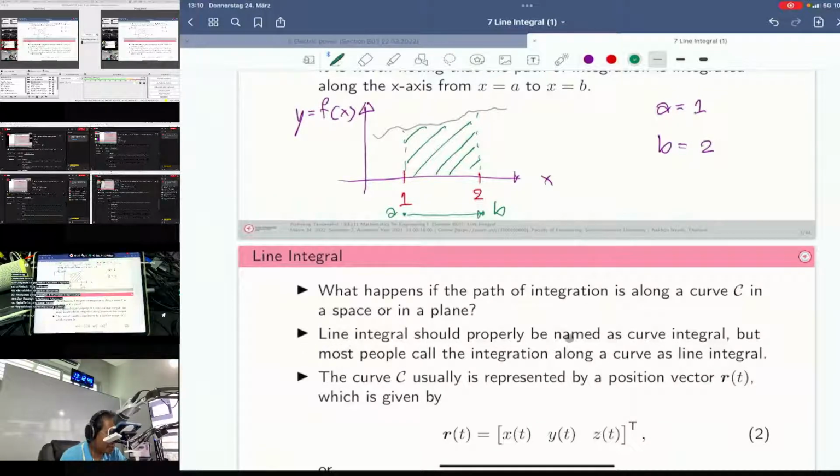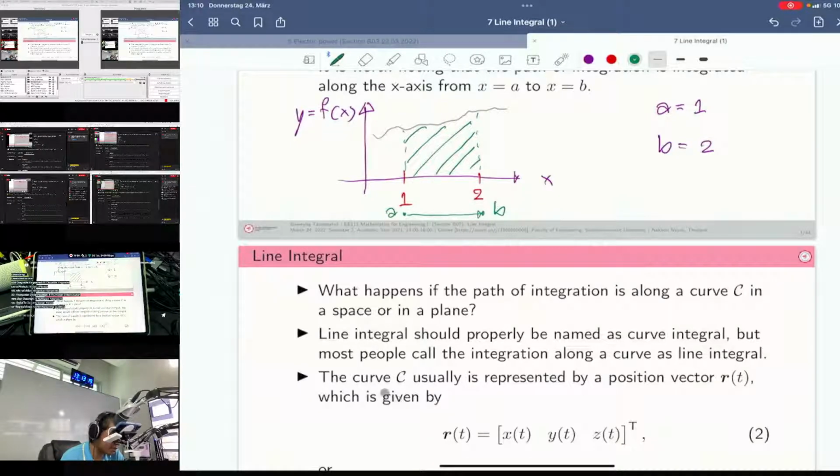Line integral should probably be named a curve integral, because once we refer to line, someone may get confused with the straight line, but curve integral may make more sense and cover more generality. But most people call the integration along the curve a line integral.